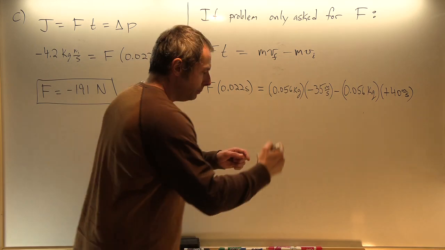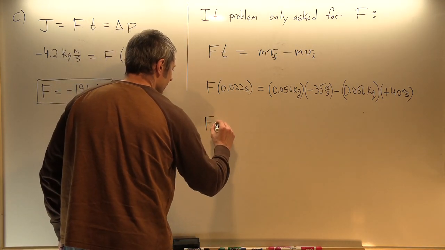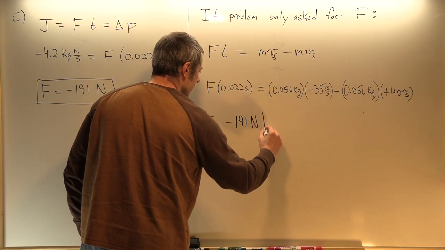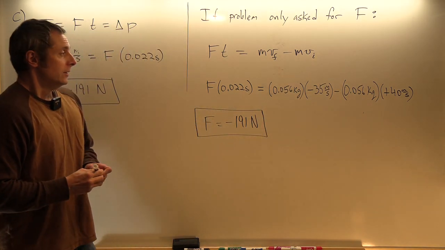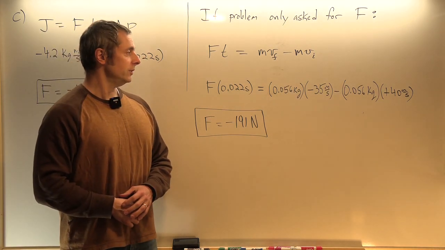And then punch away on your calculator and get the answer as negative 191. Okay. So if you need a moment to catch up, let me create a pause so you can write this down.